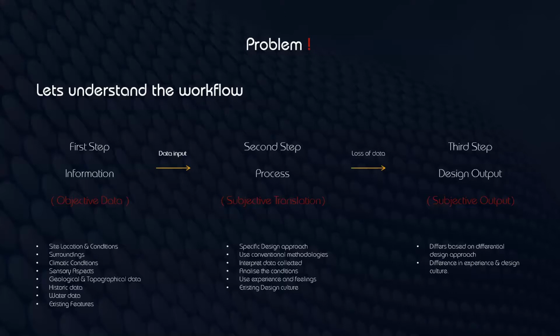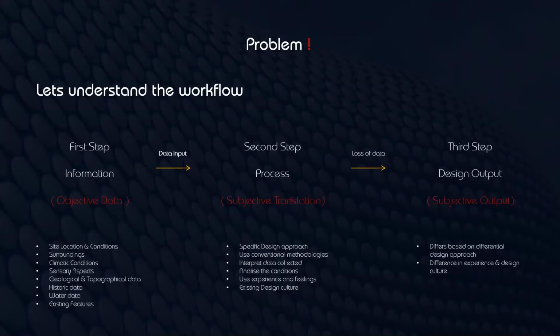So for example, suppose we are designing a specific facade for any given building. If we gather information related to the amount of heat that a facade is gaining in all four directions, we can actually calculate the hourly heat gain throughout the year on that facade at the first step.